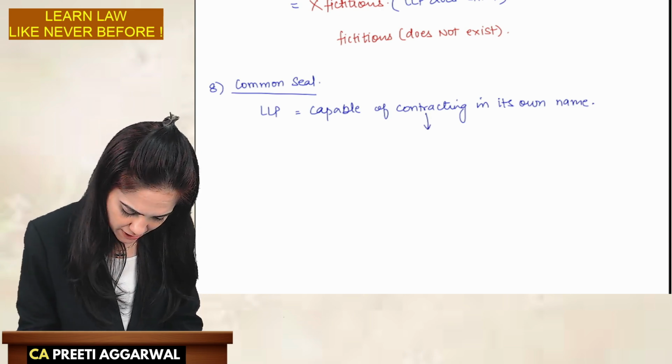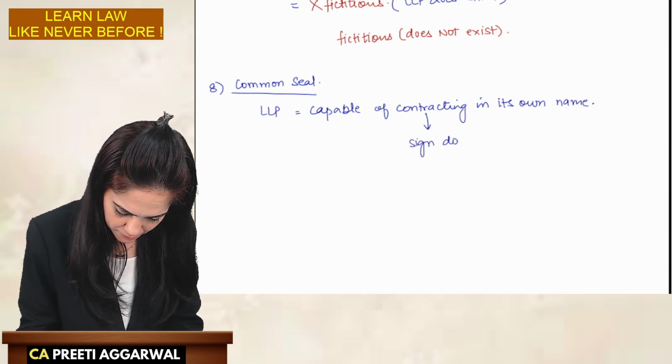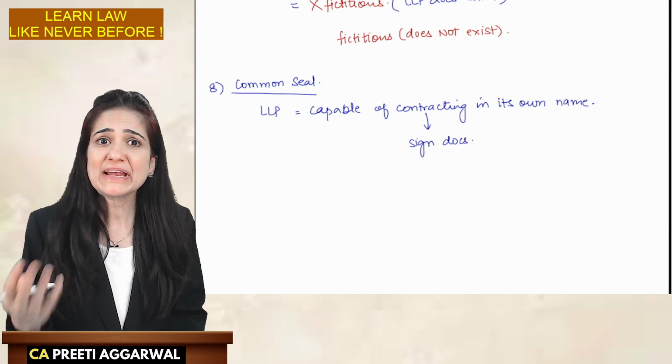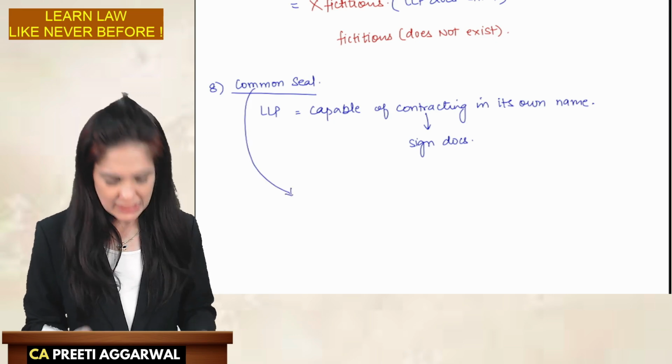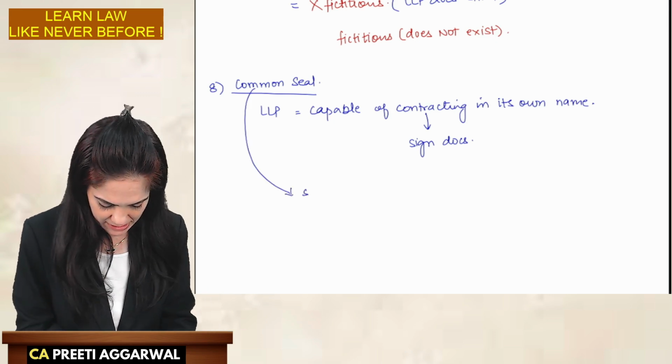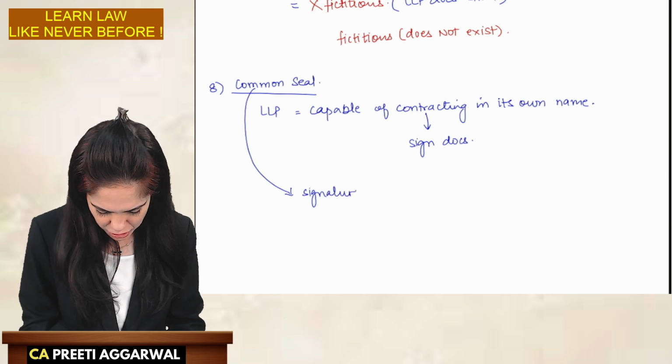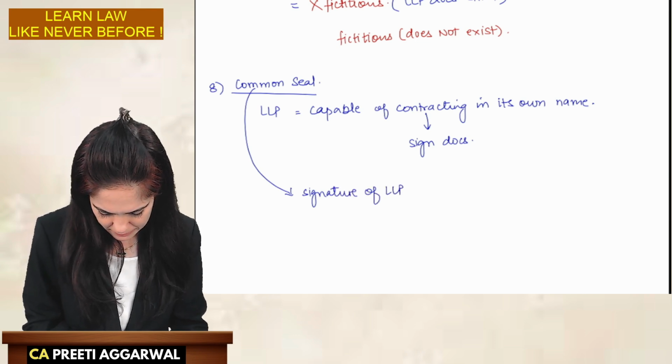If you are contracting, you need to sign documents, agreements. How will it sign? It's an artificial person. So the signature is known as common seal. So common seal is actually the signature of LLP.